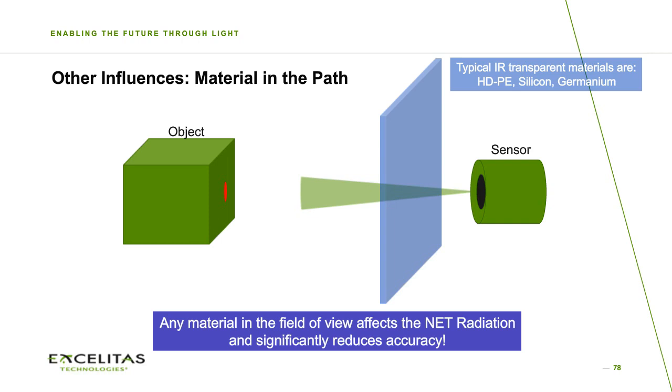But despite this, you might still ask, can we make the appearance of this whole device nicer by covering the sensor with something? And this something must be high density polyethylene, silicon or germanium. Those are the three most commonly used materials. This is possible to put in front of the sensor.